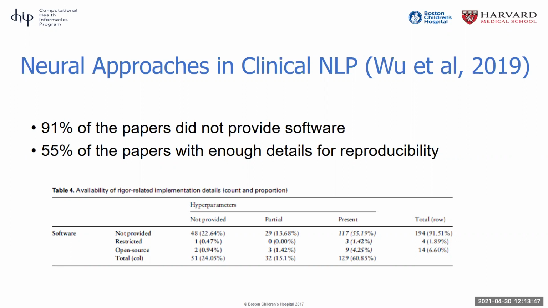But there are many hurdles as to why, for example, software is not made available, probably because the models are not easily released if they're built by using clinical data. However, I don't see any hurdles of why the papers should not give enough detail to reproduce the algorithms.